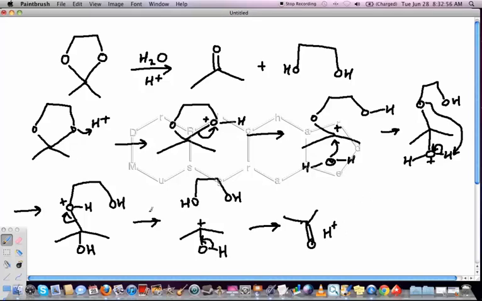The other way we can do this is we can do these last two steps in one step if we want to. I'll show you how to do that.